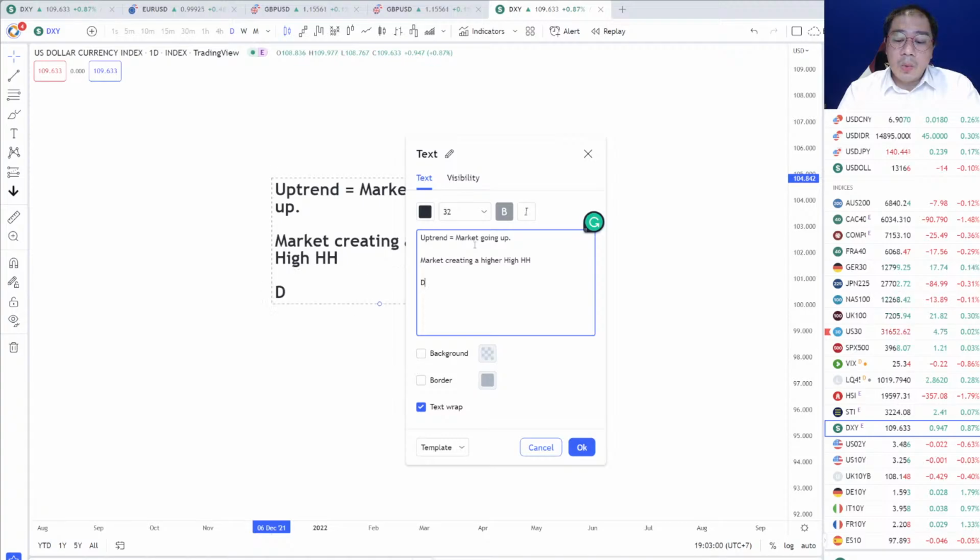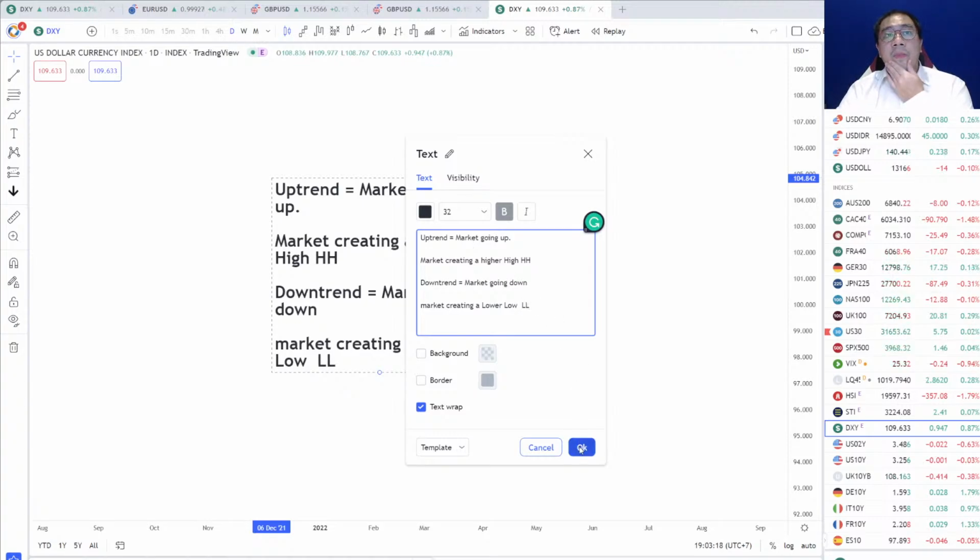Then we have the downtrend, that's the market going down and creating a lower low. So that's your LL. All right, so these are your basic foundations.